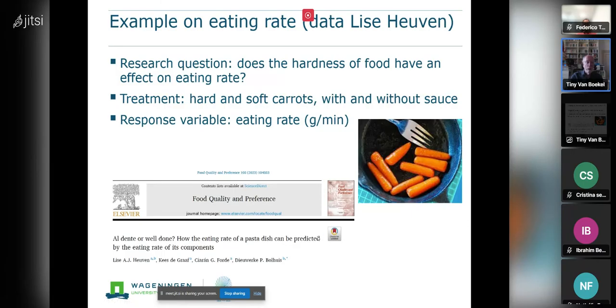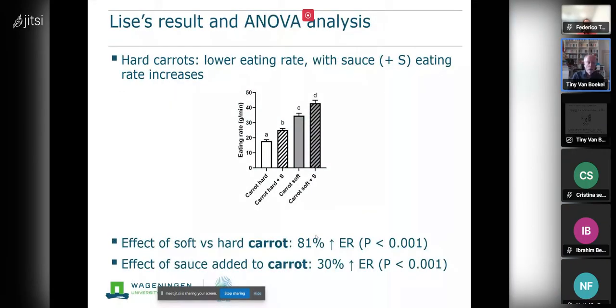Lise was so kind to give me her data because she presented it at one point, and she presented an ANOVA table, which looked like this. So she did this classical ANOVA that we already discussed at the beginning. And these are her results in terms of the different treatments. And her conclusion from this ANOVA analysis was that if you compare soft and hard carrots, the eating rate, ER stands for eating rate, goes up by 80%.